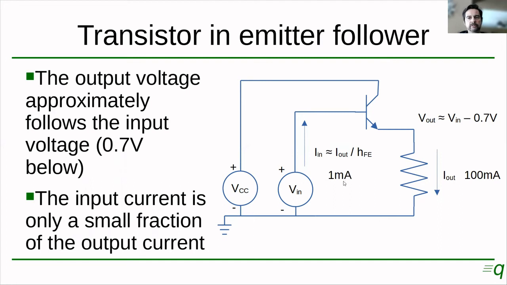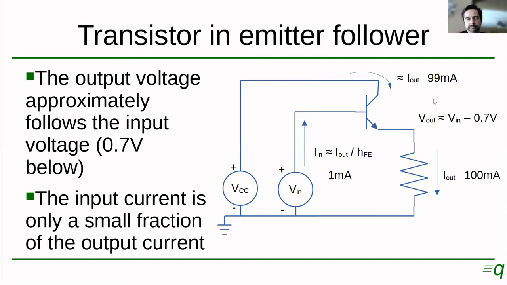So if beta is 100, the input current to this circuit is going to be about 1 milliamp. And the rest of the current to provide 100 milliamps to the load is coming from this VCC supply, through the collector to the emitter.